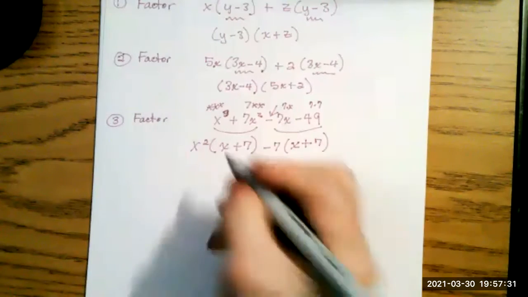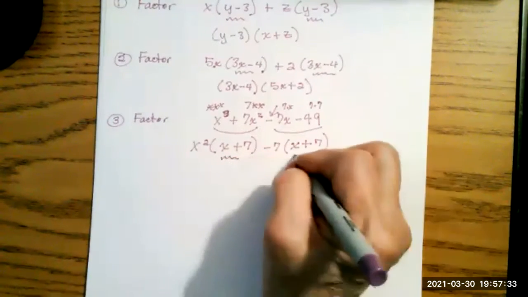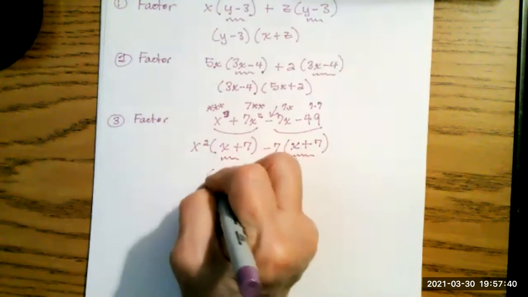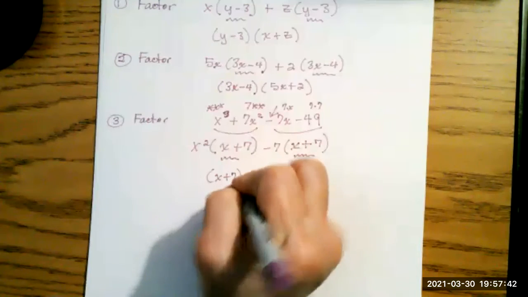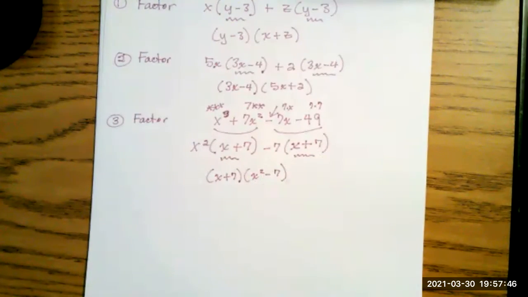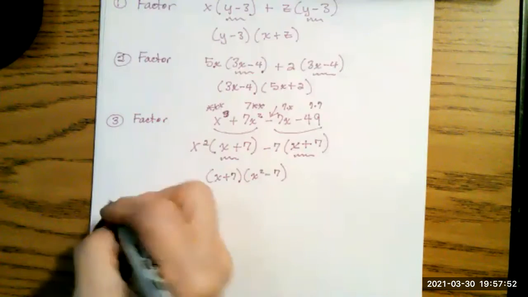And notice how when I do that, these two little groups just magically are the same. So I have x plus 7 times x squared minus 7. Isn't that cool? All right, let's try another one.